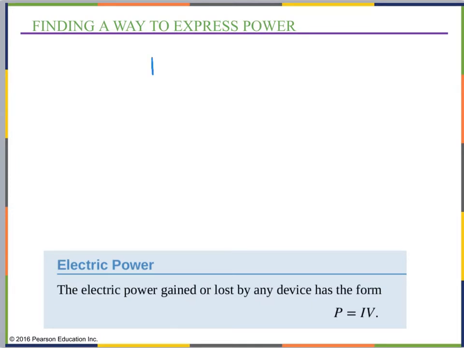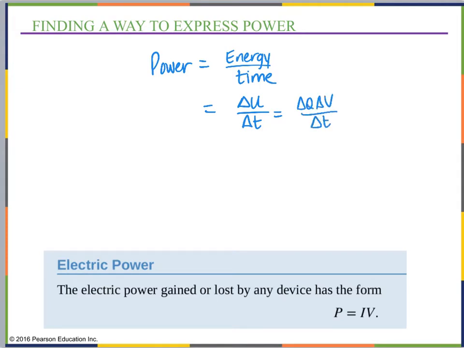So using the definition that power is energy over time, we can use the expression that we just were looking at. So the change in potential energy over time is delta Q times delta V over delta time.